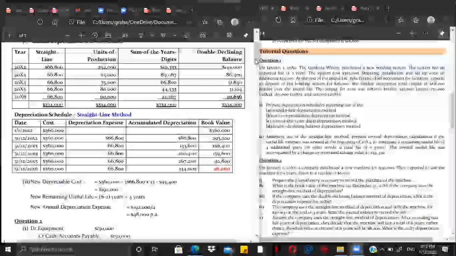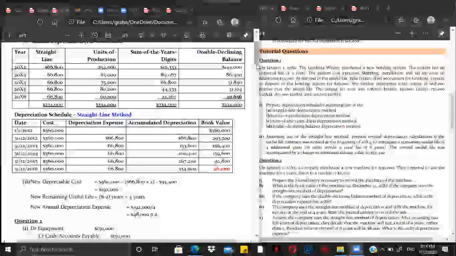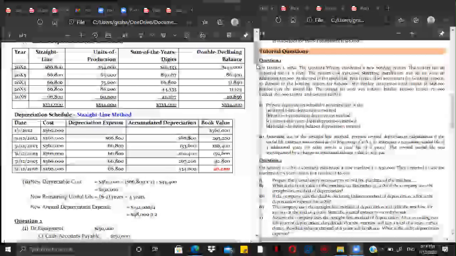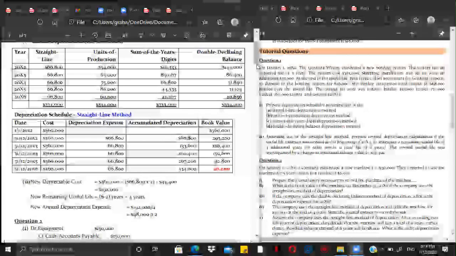Using the units of production method, we calculate the production for the year multiplied by the depreciation expense per unit. For year 20x2, it would be 108,000 bottles, as it says in the question, multiplied by the 50 cents per bottle, which we calculated in the first part, and that should give you a total of $54,000 for the depreciation for the year.